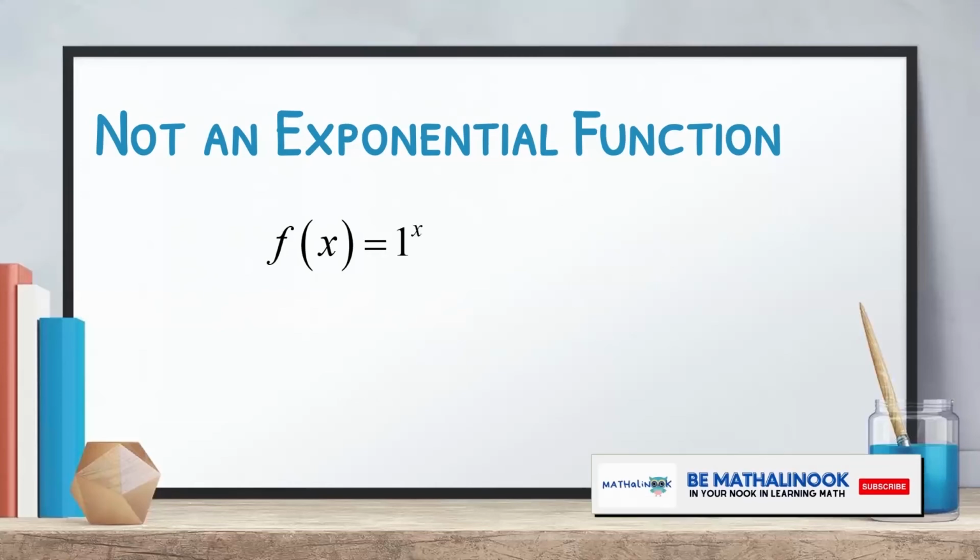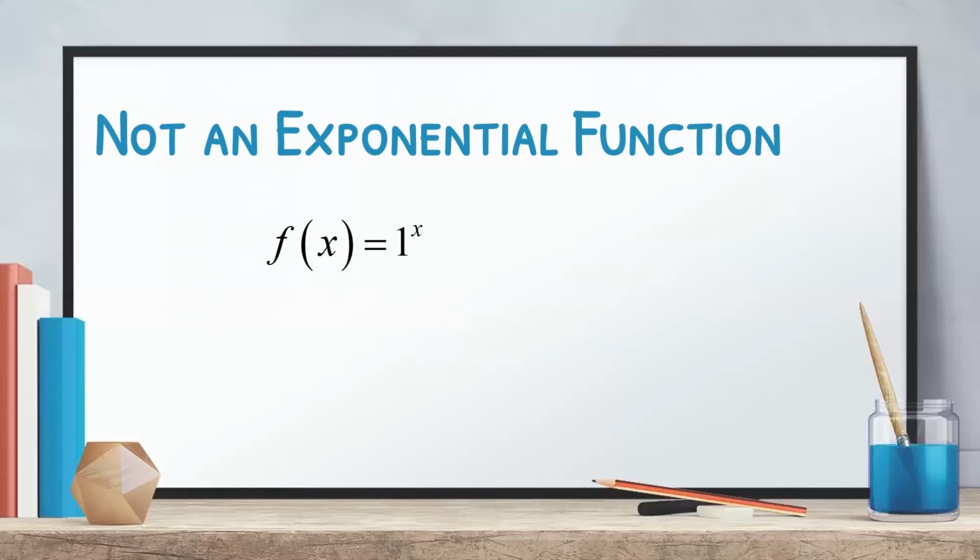Likewise, f of x equals 1 raised to x is not an example of an exponential function, even though its exponent is an independent variable x, because the base cannot be equal to 1.